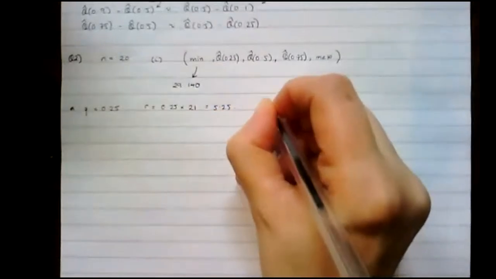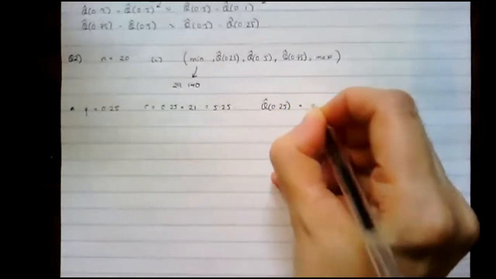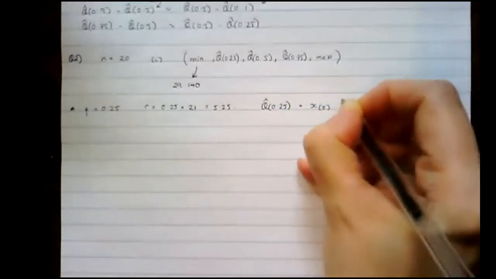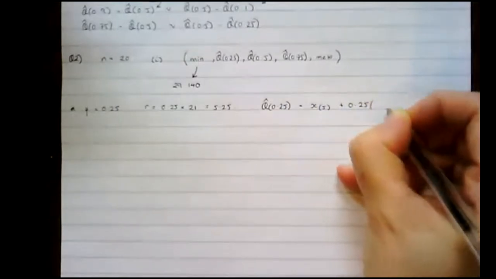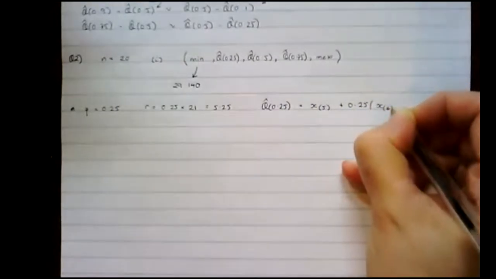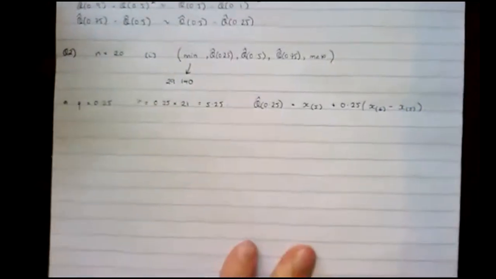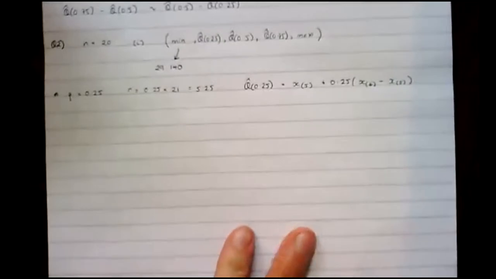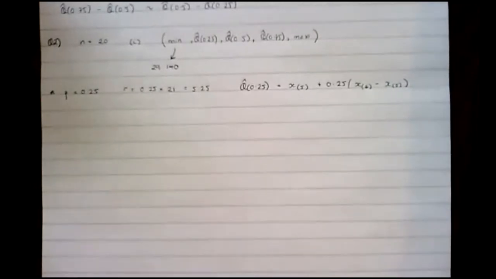So q hat of 0.25 is going to be the 5th ordered element plus 0.25 times the difference between the 6th and the 5th. When I look at my sample, I'm going to have to count along to the 5th element in the ordered sample.